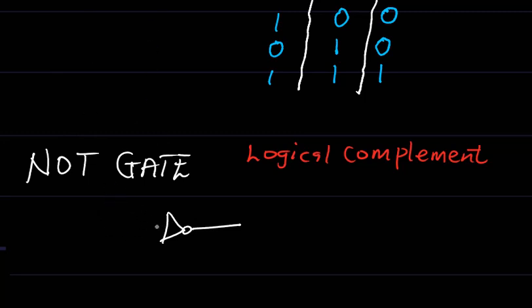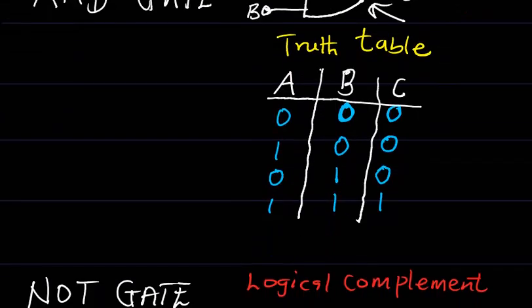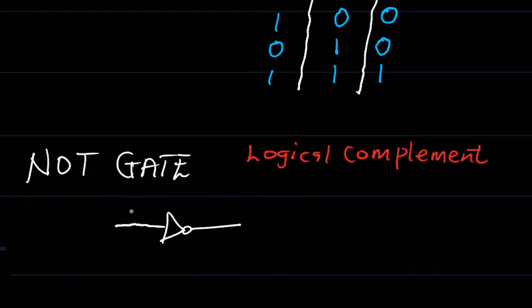So the same way, this is a logical complement. If it takes in an input A, then the output is going to be the complement of the input, A bar or A prime, however you want to represent it.